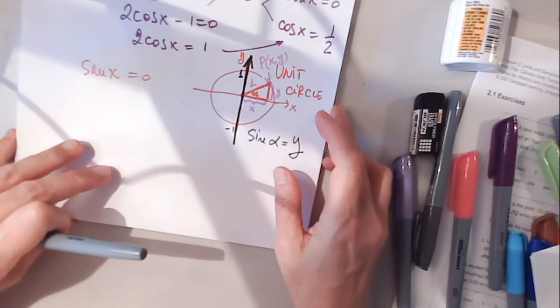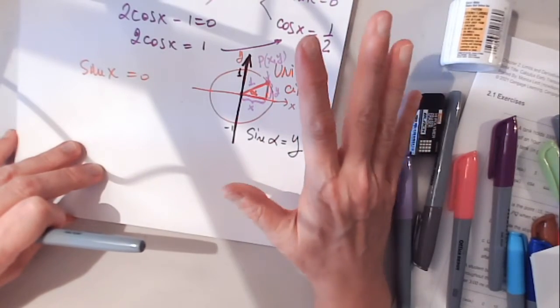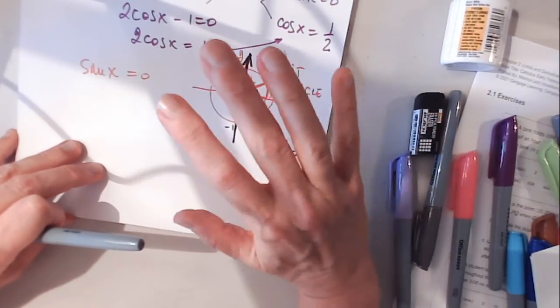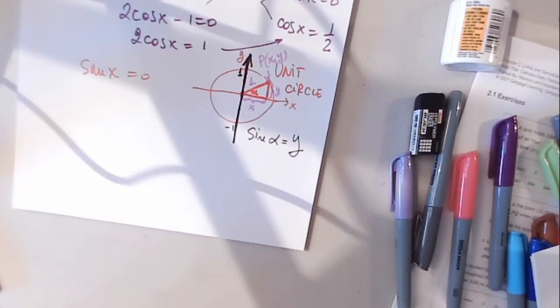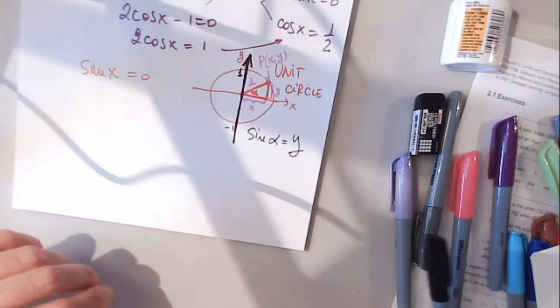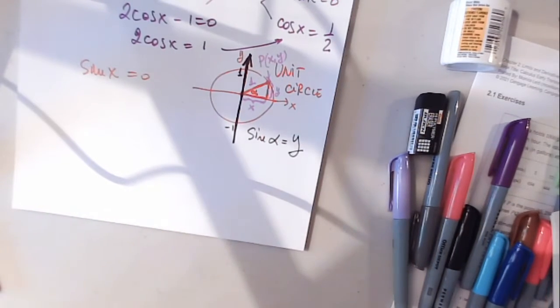Sorry, I muted myself and I couldn't get it unmuted. That's okay. So the unit circle states the radius is 1. Very good. That's okay, no worries.